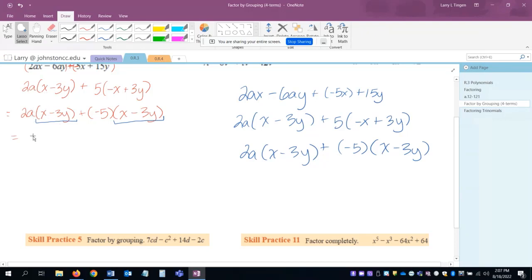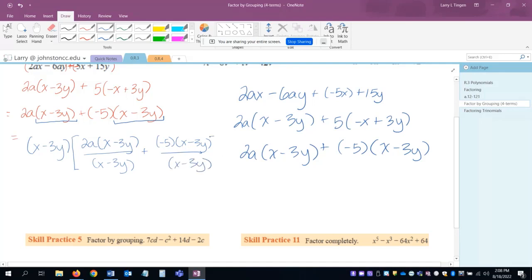All right, so if what I say does nothing but confuse you, ignore that I said it. When I want to pull out x minus 3y, what that does is it says, okay, here's your original first term. Now divide that by whatever you just factored out. Here's your second term.